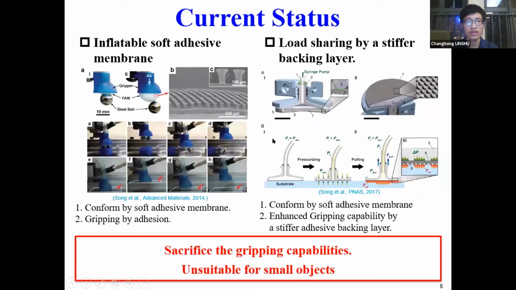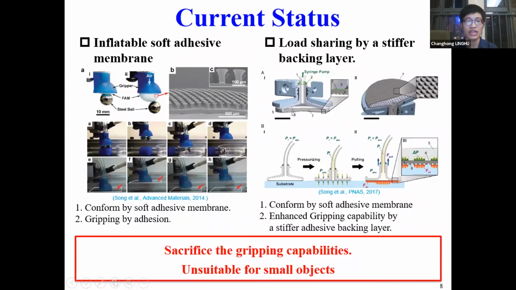Gripper designs based on controllable adhesion are very suitable for planar materials, and by some deliberate design, they can also handle three-dimensional objects. For example, the inflatable soft adhesive membrane, or the load shearing by a stiffer backing layer and a soft adhesive layer.